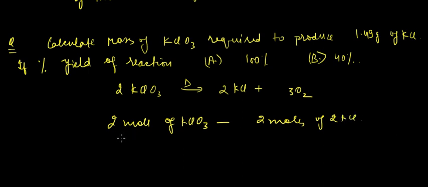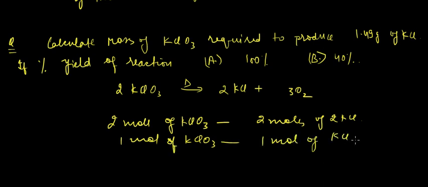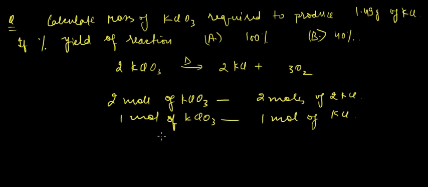So in other words, we can write 1 mole of KClO3 will decompose to form 1 mole of KCl as well. Okay, and 122.5 grams are there in 1 mole of KClO3, which will form 74.5 grams of KCl.